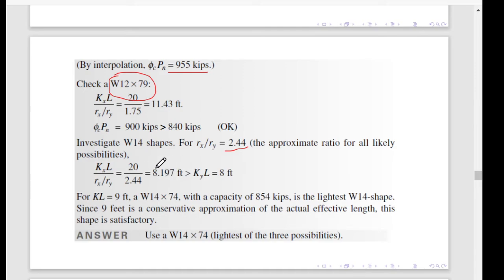Then the table doesn't have that value, but we can just interpolate. For us, to make it easier, we can set KL just equal to 9 feet instead of 8.197. So KL is equal to 9 feet.